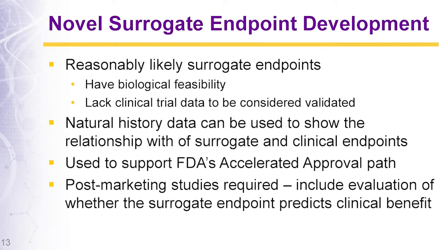So reasonably likely surrogate endpoints that can serve this type of clinical development plan are those that have biological feasibility. In other words, there's a biological relationship that supports that surrogate endpoint's ability to predict clinical benefit, and that there is a lack of sufficient clinical data to consider that endpoint a validated surrogate endpoint.